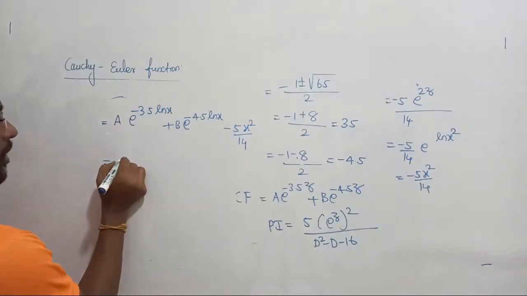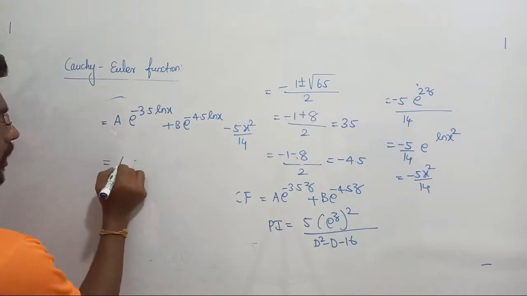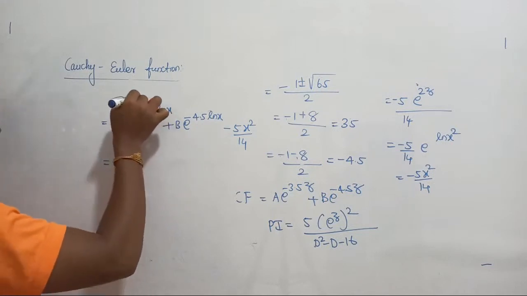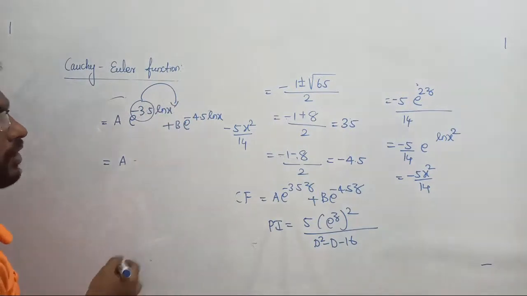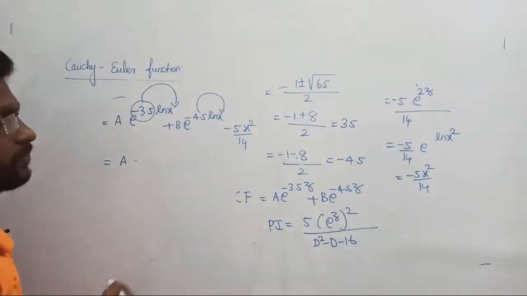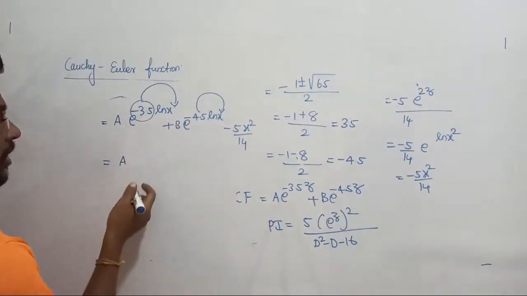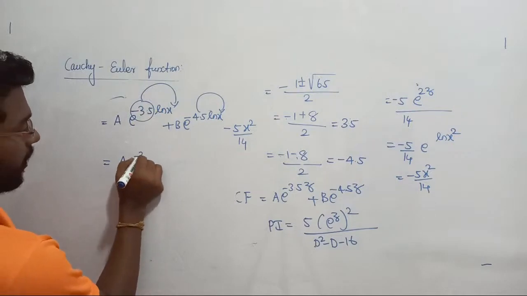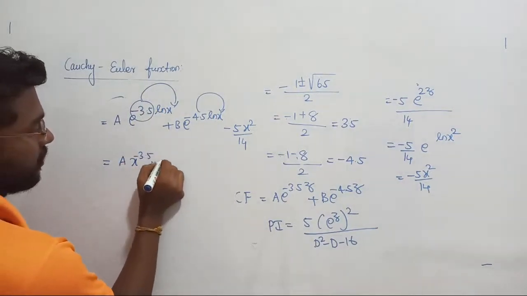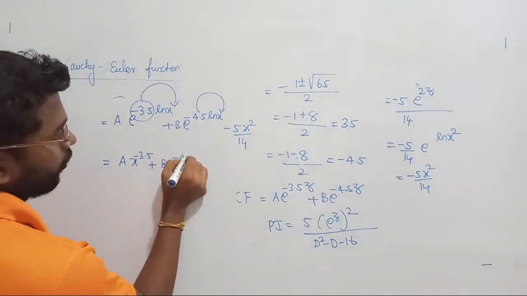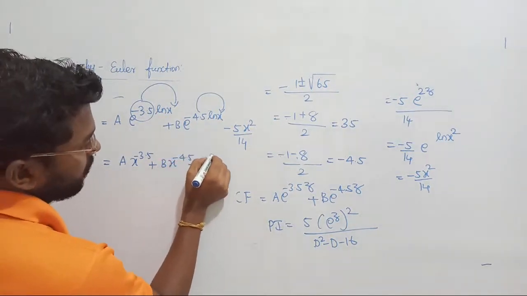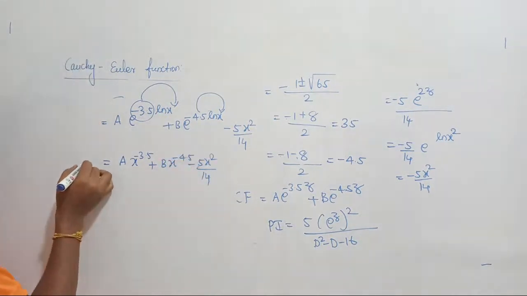We can write e power minus 3.5 ln x as x to the power minus 3.5, and minus 4.5 ln x as x to the power minus 4.5. So it can be written as a into x power minus 3.5 plus b into x power minus 4.5 minus 5 times of x square upon 14 is the final solution.